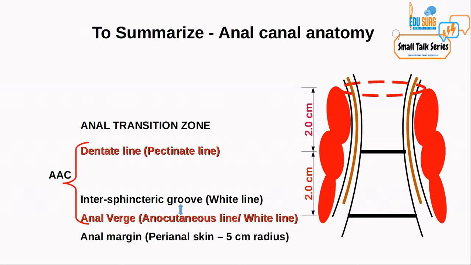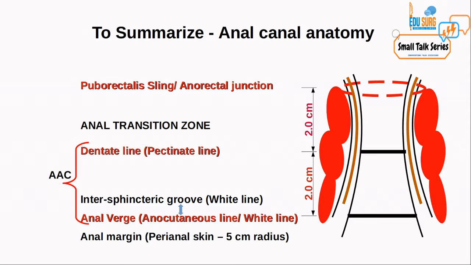Anal transition zone, as I have described, is a very important area for surgeons, especially because this is the zone between uninterrupted columnar mucosa above and uninterrupted stratified squamous epithelium below, and it has extensive innervation, which is very important to preserve in doing pouch anal anastomosis.